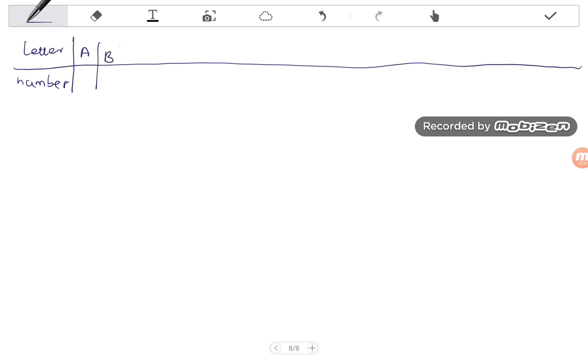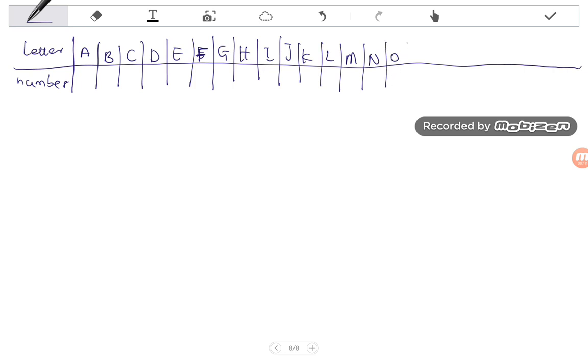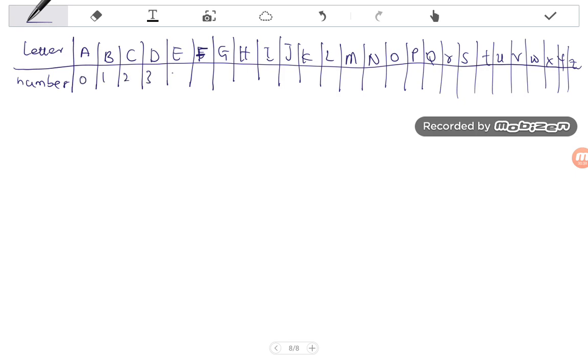So we have A, B, C, D, E, F, G, H, I. The caps and the lower cases are all the same: J, K, L, M, N, O, P, Q, R, S, T, U, V, W, X, Y, Z. So I have 0, 1, 2, 3, and so on up to 25.